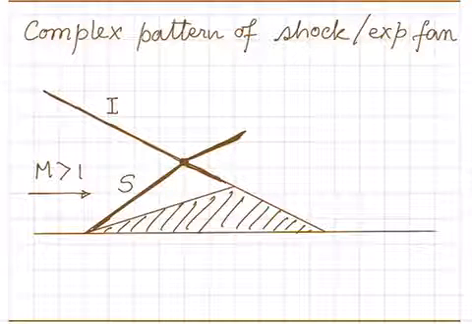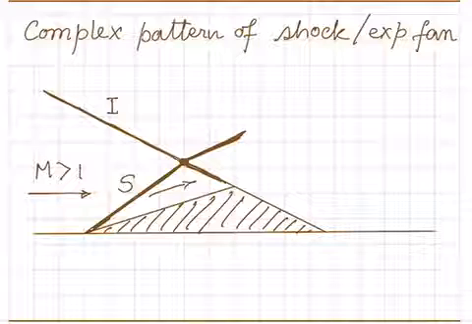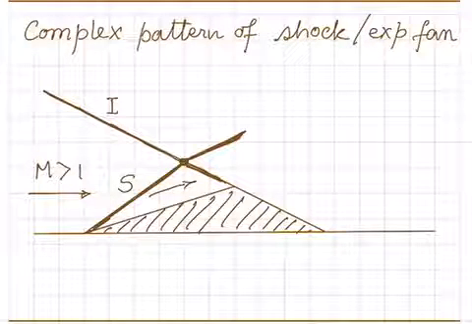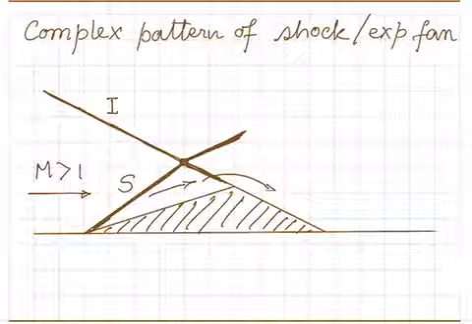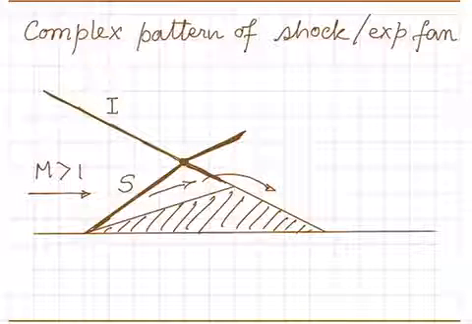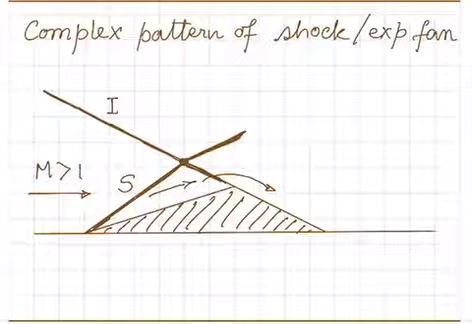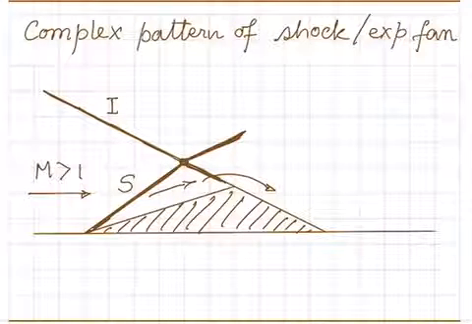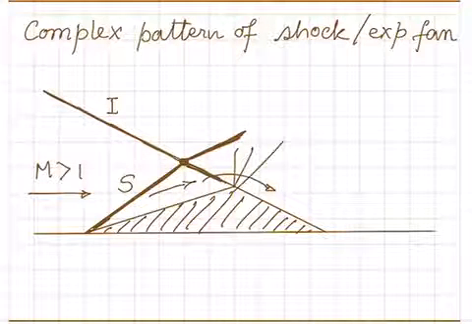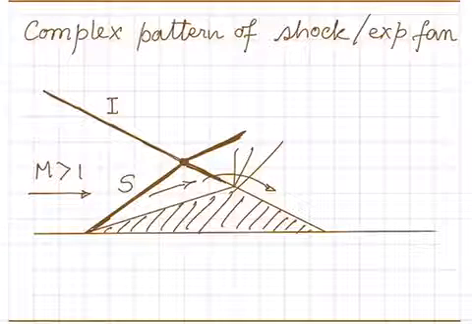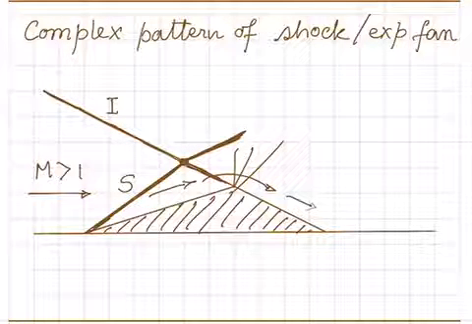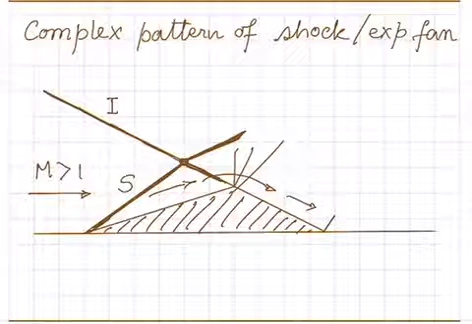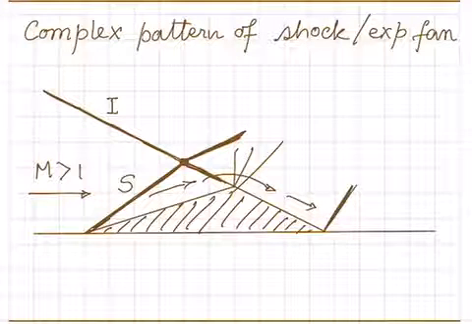Now the flow goes over the separation bubble and then has to go through this shock and then turn around. In a way, it has to expand. It has to go around a corner, which can generate expansion waves. And then the flow has to go and reattach, where it generates the reattachment shock.